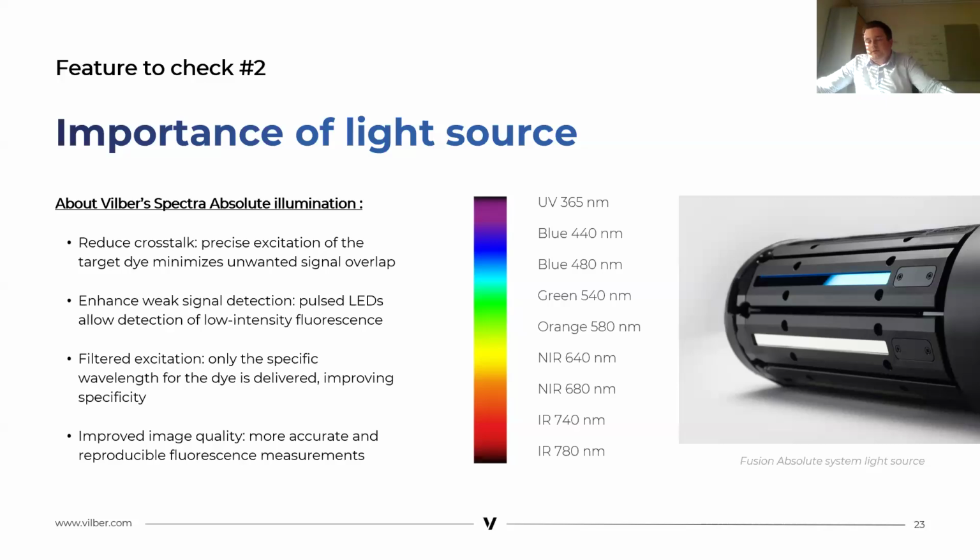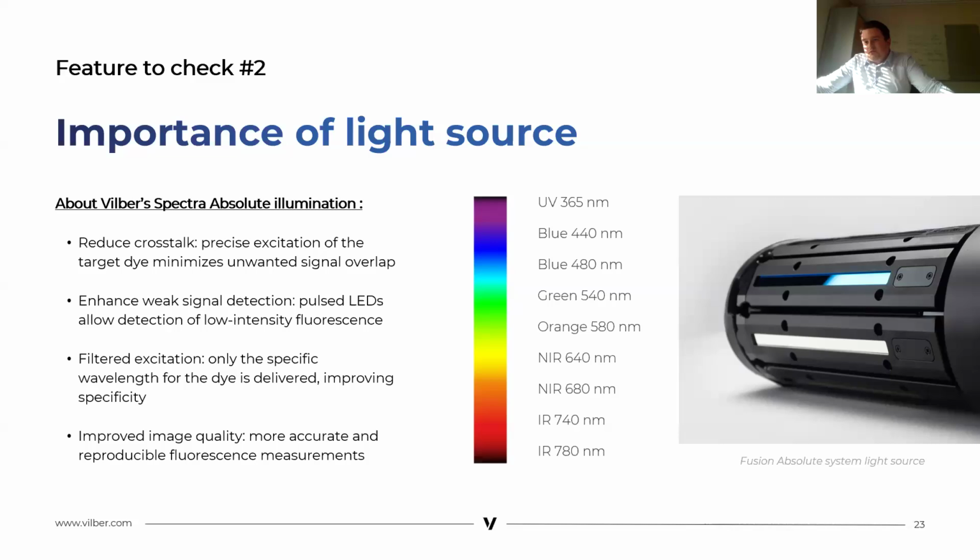Thanks to our spectral channel system, first you reduce crosstalk, because you will have precise excitation of the target, and secondly you will enhance weak signal detection with pulsed LED, which allows detection of low intensity fluorescence.